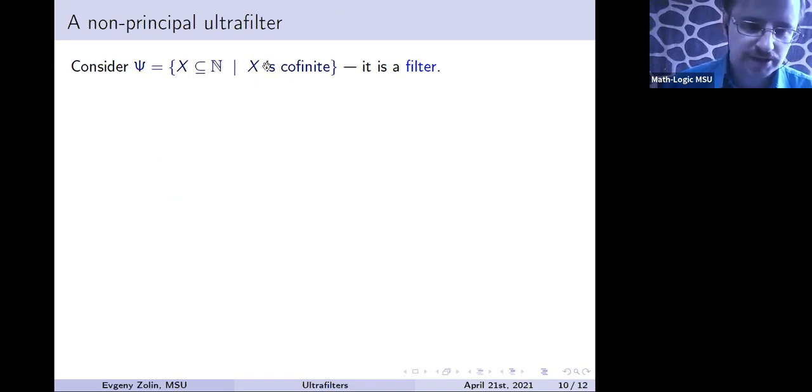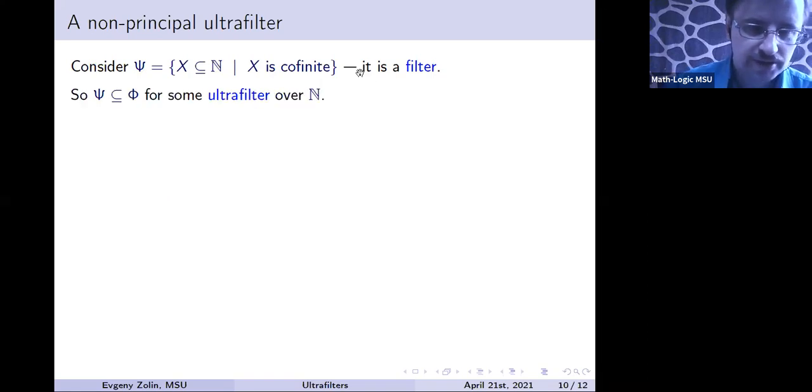And it is closed under intersections and supersets. We already checked this. So by the main result about filters, it is contained in some ultrafilter. What kind of ultrafilter is this phi? Is it a principal filter or not? Principal means that it is a collection of sets that contain one fixed set.